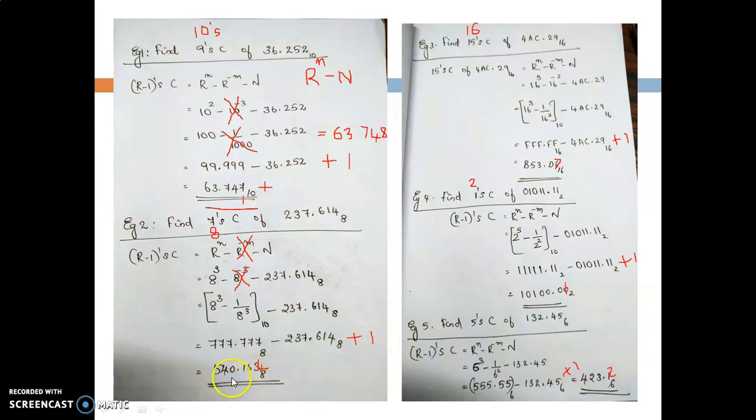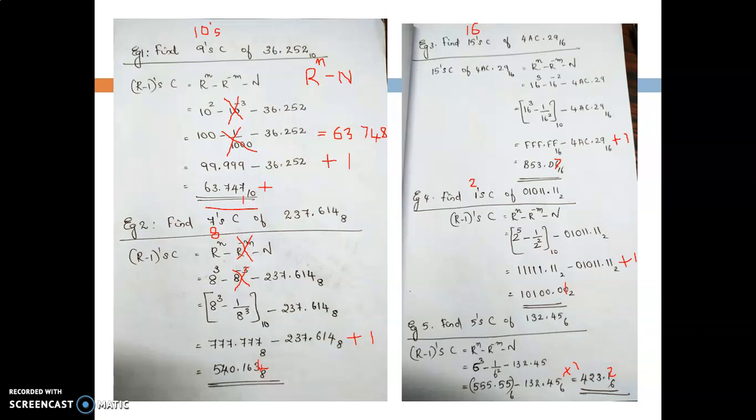So it will be 540.164. Similarly, finding the 16's complement of 4AC.29, you know that the 15's complement is FFF.FF minus 4AC.29. That is B53.D6. That has to be added with 1. So the result will be B53.D7. That is the 16's complement of 4AC.29.